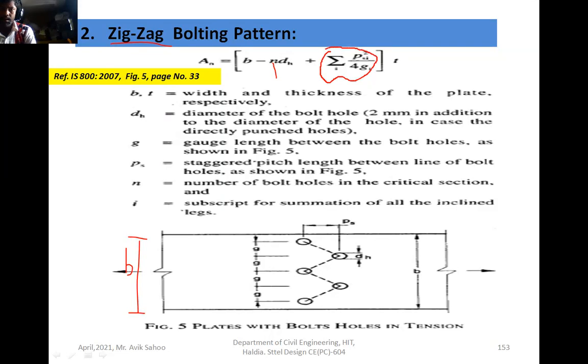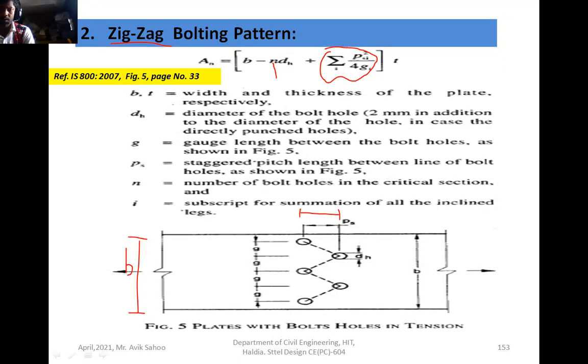This is called the stagger correction, where P is the pitch distance, the distance measured in the direction of force, the center to center distance of two consecutive bolts.